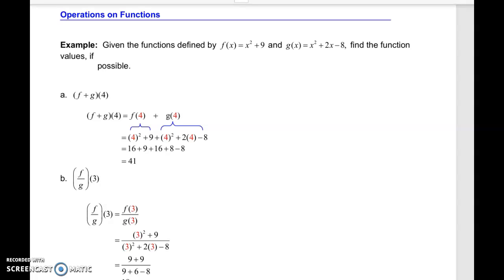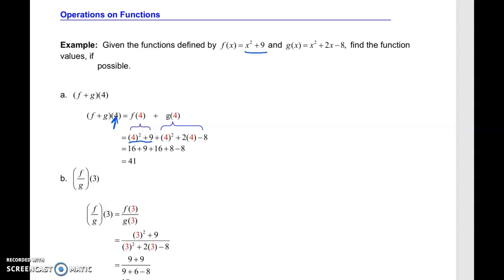This is the sum of function f and g. And so you'll see here they say take the function f and evaluate it at 4 and take function g and evaluate it at 4. This is the input for both of them. And so at the beginning here, we have 4 squared plus 9.